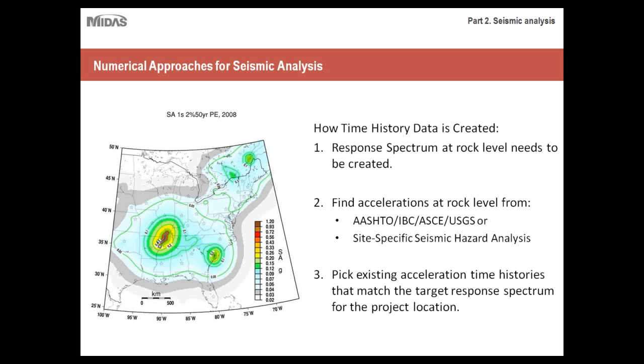I won't go into the details of how that decision is made, but this is really where the engineer's expertise comes into play, because there's no set guideline that tells you to use this function over that function. It's dependent on various factors: the scope of your project, where exactly it's located, how large your project is, etc. But it's really up to the engineer to find that database and choose specifically which time history function matches the needs of their project.